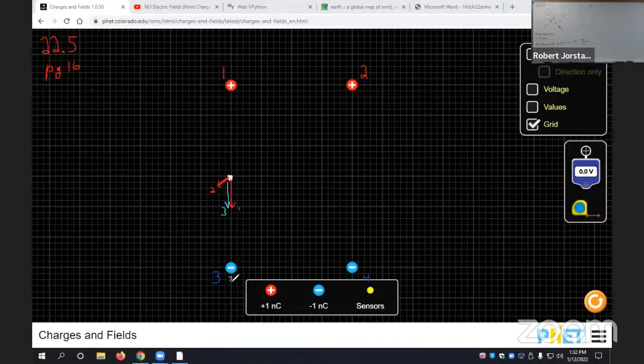So that's 3. This is 4. 4 is going to pull, but it's going to be weak. Whoa, that one's also going to be straight down. Do you agree? So in this case, it's also straight down.